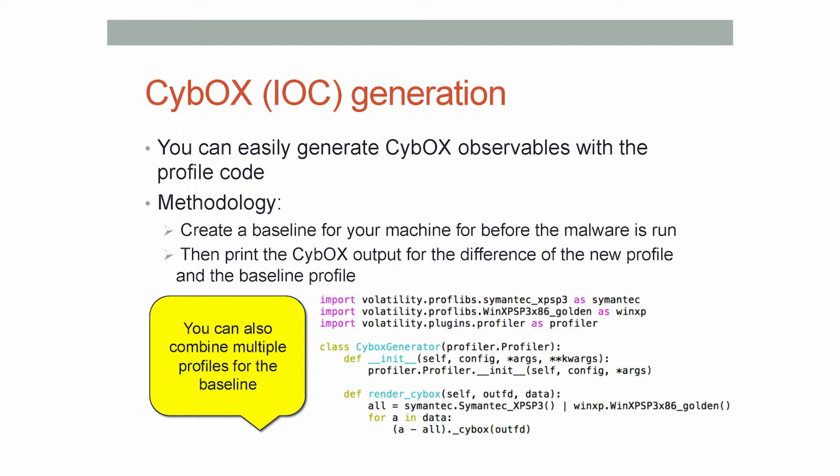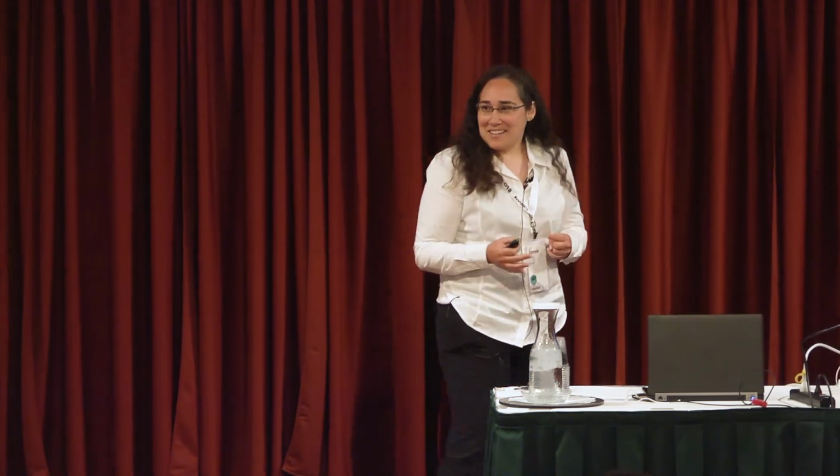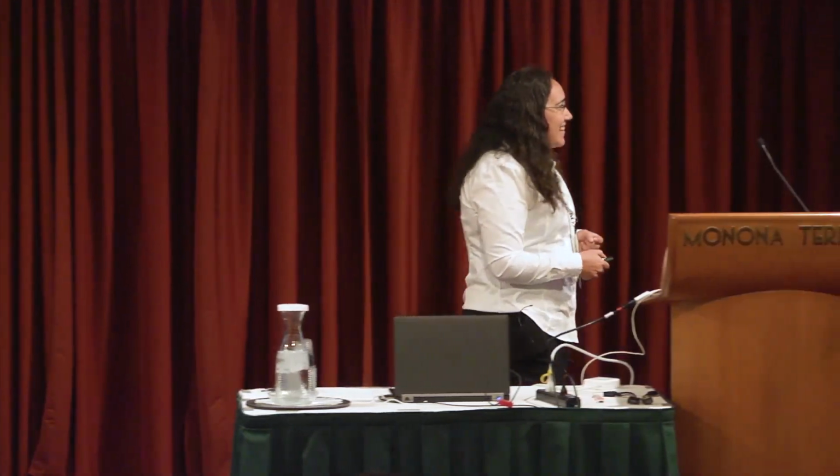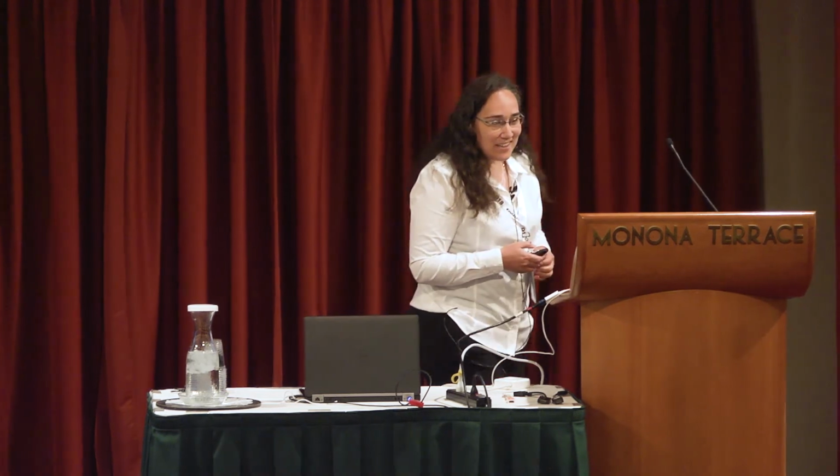So that would be useful for just, like, you have a machine, you know that you have a baseline that fits that machine, you know that you have Symantec installed, so you have your golden profile that contains all these items, and then you run a piece of malware on it. Like let's say that it's a virtual machine, you just want to get the indicators for it. So you run the piece of malware on it. Yeah, don't do this on your real machine. That's not a good idea. And then you're getting just the CybOX indicators for that.